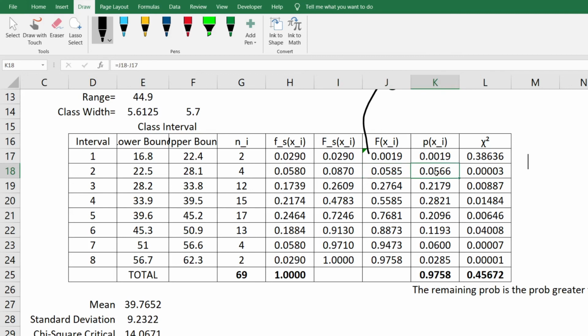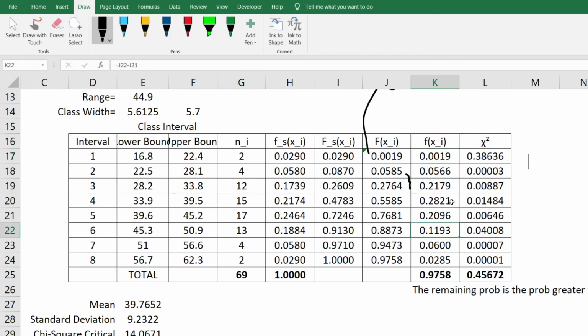So we come up with 0.0566. I-minus lang natin itong 2 previous. So that's 0.2764 minus 0.0585. We come up with this one, okay? And so on. So, yun na yung f of x natin. Pwede nating palitan ito ng f of x. Hindi siya p of x.